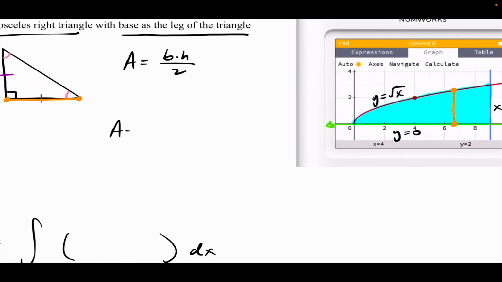So we need to find the distance, the length of the base, which is going to be the same as the height. Well, isn't the base going to extend from orange dot to orange dot? What is the distance of that? Square root of x minus 0, which is just the square root of x, right?